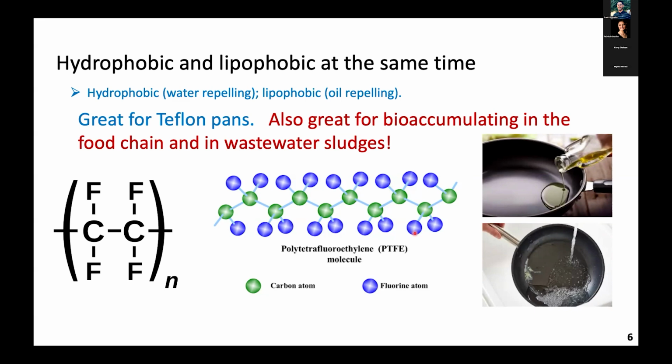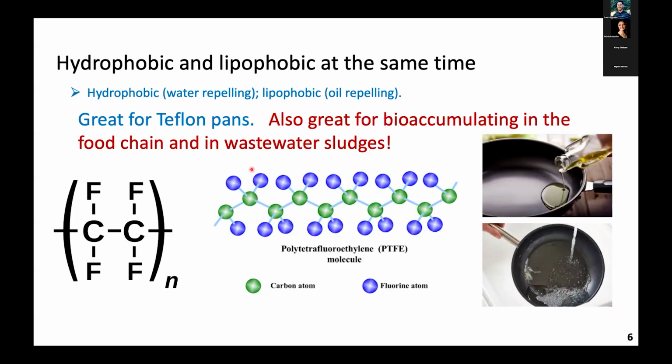So this is great for making frying pans. The hydrophobic part is really great for making frying pans. Things don't stick. It's really great here. But as I say in red letters, that hydrophobic nature is also great for bioaccumulating in the food chain.